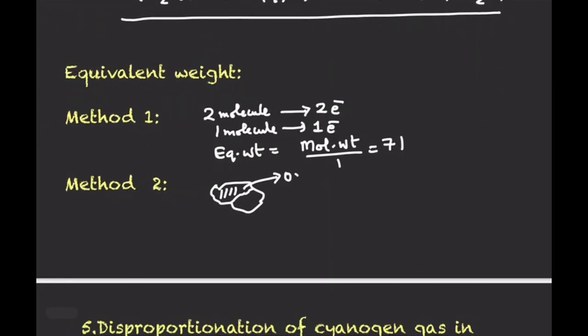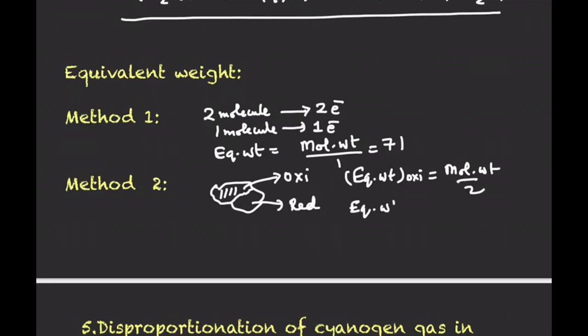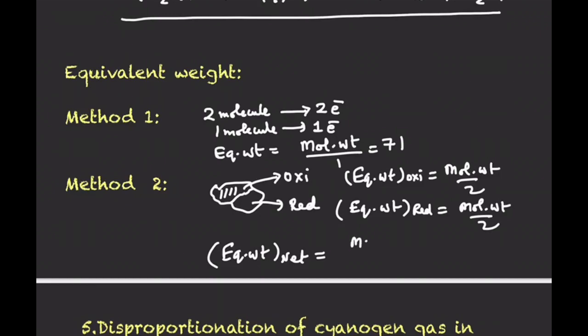For both oxidation and reduction reactions we get the same X factor, so the equivalent weight in the oxidation reaction is molecular weight divided by 2, and in the same way the equivalent weight of chlorine molecule participating in the reduction reaction is molecular weight divided by 2. If we add, what is the equivalent weight of chlorine in the overall reaction? The net equivalent weight is molecular weight divided by 2 plus molecular weight divided by 2, so that is molecular weight divided by 1, which is equal to 71. So by method 1 and method 2, we get the same value of equivalent weight.